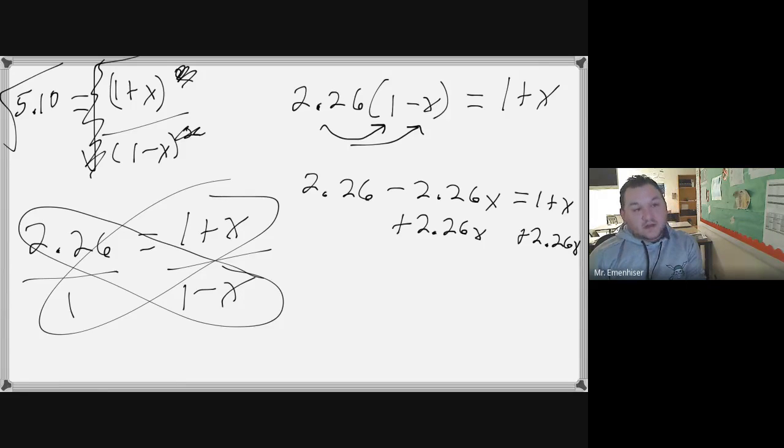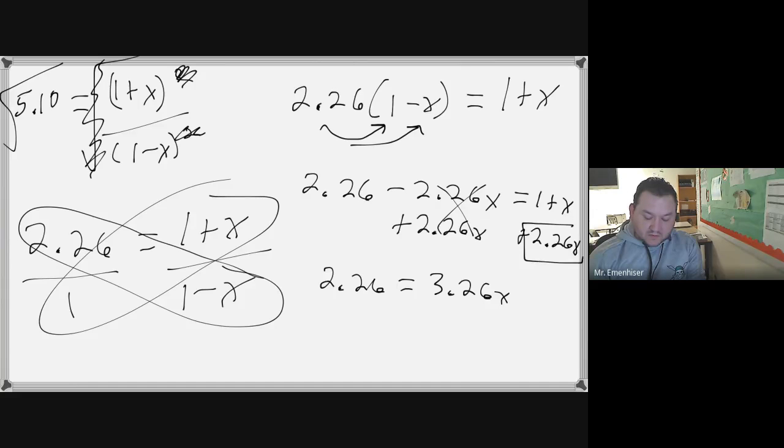I'm combining all the X's to the right side. So that's gone. So I have 2.26 is equal to 3.26X. I took the 2.26 and added the 1X right there. And I still have the 1 on the right side.